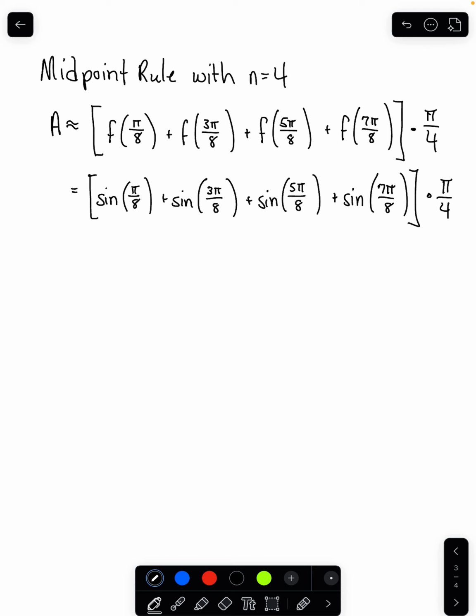Like pi over 8 can be done using the half angle formula. However, that seems like a bit of unnecessary work to get an exact value when the whole point of this is to do it numerically. And if you recall from doing numerical limits, the exact values are not the best way to go about them. The decimal equivalent is actually the best way. So we're going to end up putting this in the calculator.